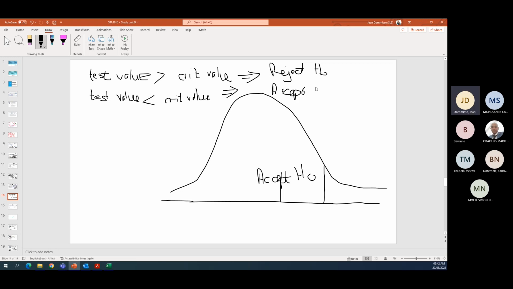So what I can also now say is, instead of rejecting H0, I can say accept the alternative. Instead of saying accepting H0, I can say we reject the alternative.